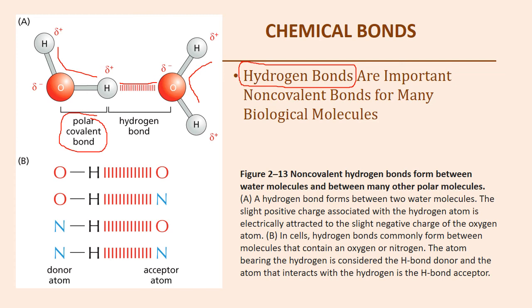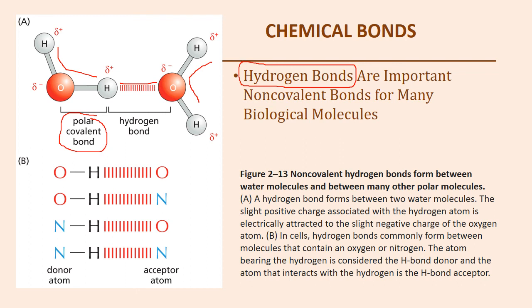That's one of the main reasons why, from a homeostatic purpose, water is such an important regulator of our overall body, like when we look at our pH and our temperature, because even though you have your hydrogen bonds, it still requires a lot of energy to cause an overall change in the pH and the temperature. So they're weaker than covalent, but don't think that they're so easily broken apart.